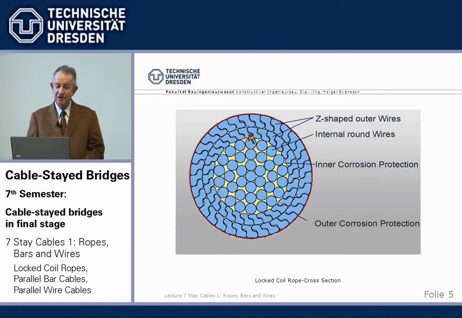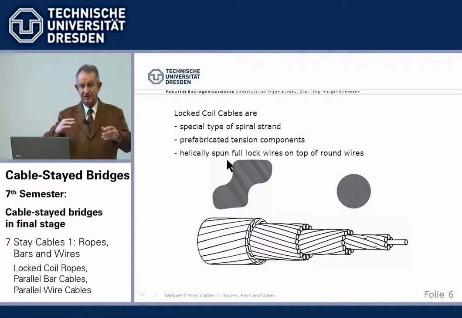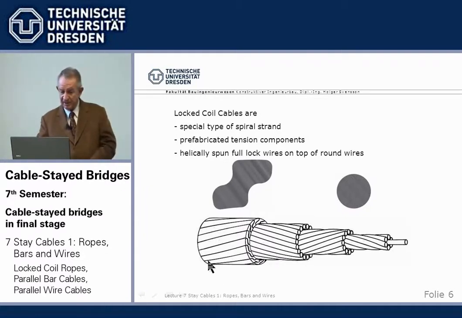Some time ago, there was an additional layer of square wires, which is not used anymore. Now, these wires are helically wound. They are not straight. You see it here. They are placed in lays, one against the other.